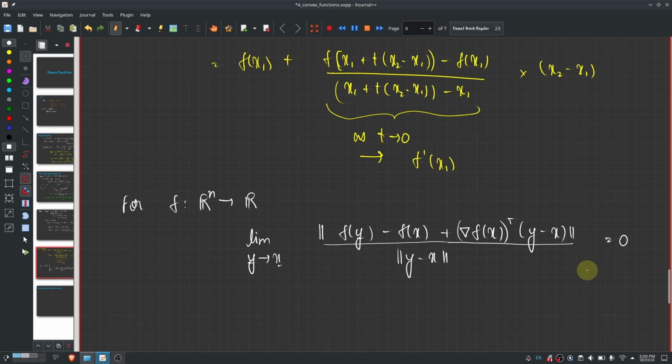No matter how you choose y, as long as y converges to x, the following holds. So if you're able to find some function such that this is satisfied, that is the gradient.